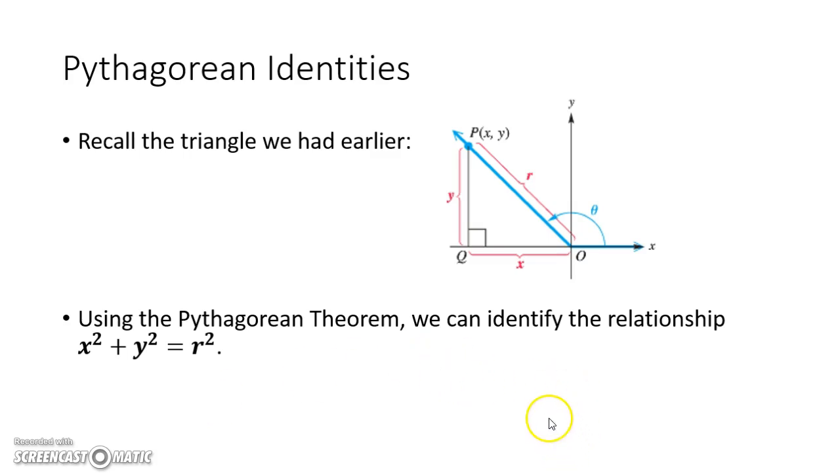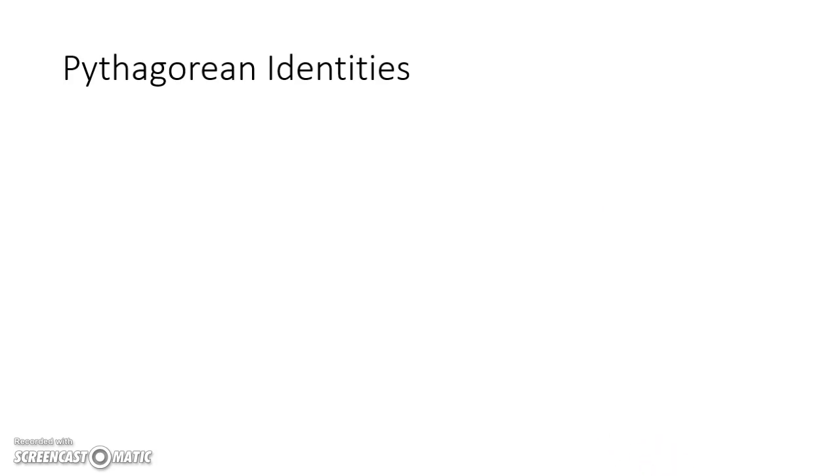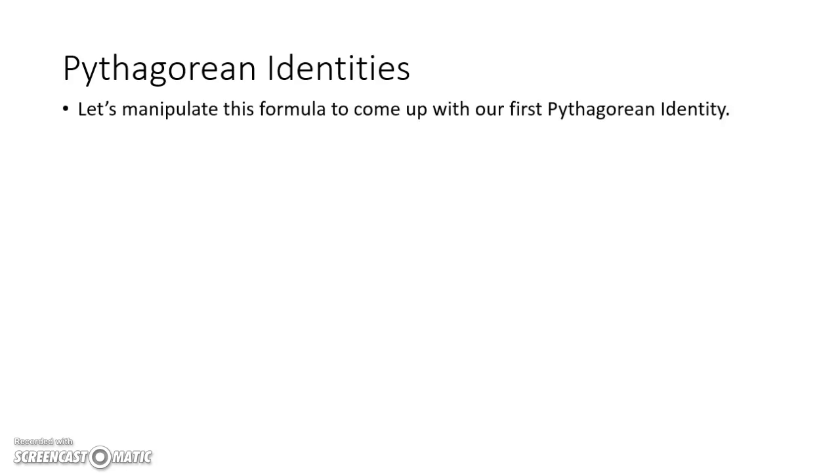Now we're going to use this Pythagorean theorem to actually come up with our Pythagorean identities. So keep this triangle in mind and keep this Pythagorean theorem. I'm going to show you how we come up with them. So this is a little sticky part, but I'm going to try to break it down. There are three identities that we need to come up with.